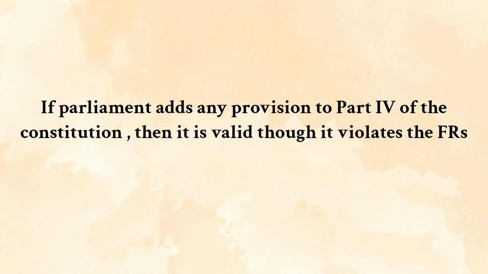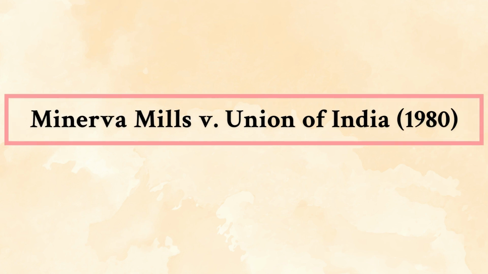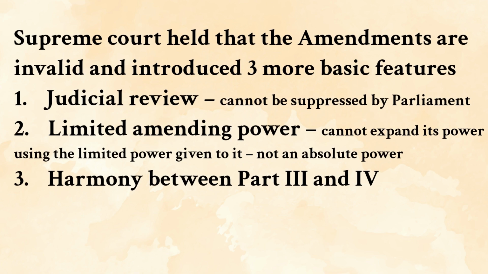The amendment further included a provision that states that if a parliament adds any provision to Part 4 of the Constitution, then it is valid though it violates fundamental rights. In the case of Minerva Mills, the government acquires Minerva Mills in the name of nationalization. Supreme Court held Article 13C, Article 368 Clause 4 and 5 invalid, and added 3 more basic features to the list.